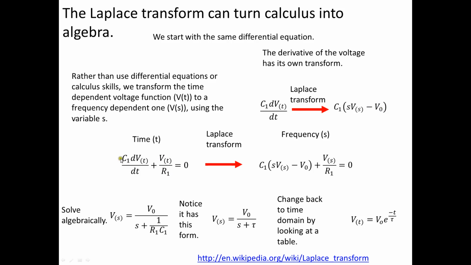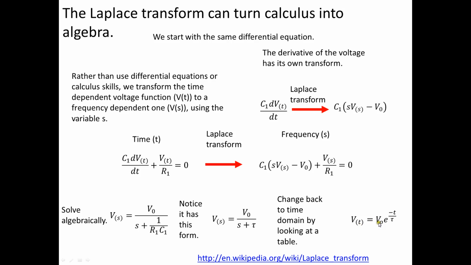So now we can rewrite these equations into the Laplace transform, but now rather than having to find a differential equation solution by kind of guessing at a form of v(t) and then solving and checking your guesses, we just have to solve algebraically for V(s), which has a form similar to this, and then we can look up the inverse and go back into time by just looking at a table.